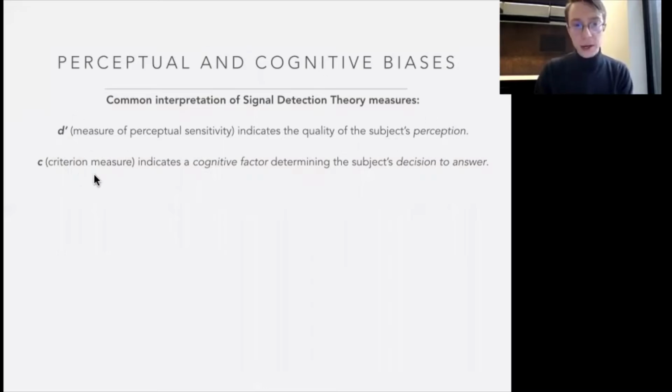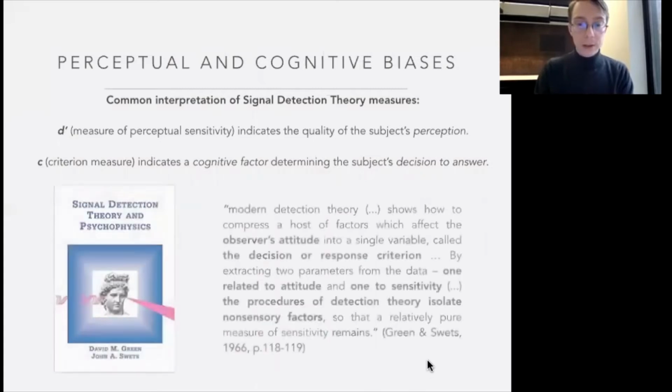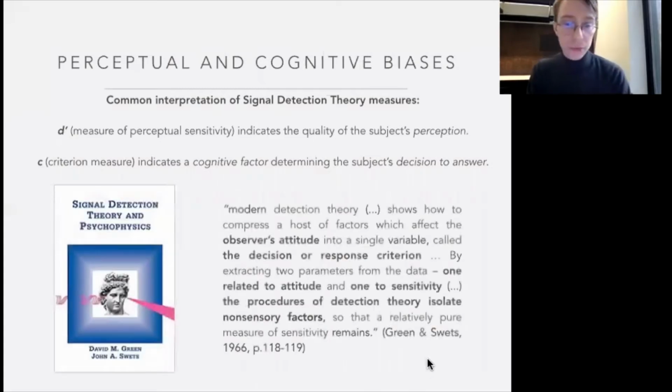C, on the other hand, which is the criterion measure, indicates a cognitive factor determining your decision to answer. Okay, so that corresponds to your report, that corresponds to what you see. And you find this interpretation in classic textbooks. If you have studied signal detection theory, that's probably what you've been told.